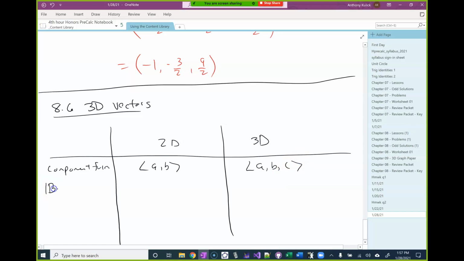We're just going to put the form or the name or the definition, and I'm going to write in the 2D and then the 3D one, so it helps review the 2D stuff and then you can compare it to the 3D.